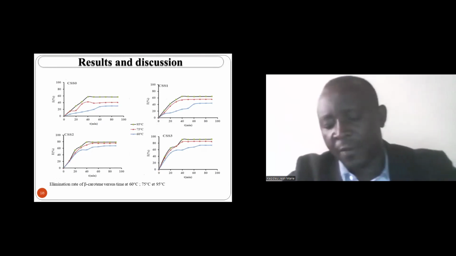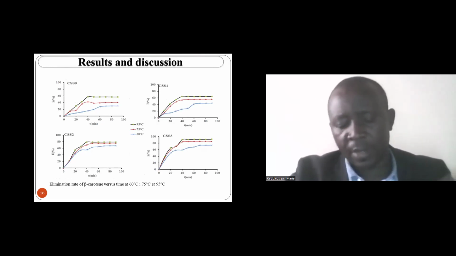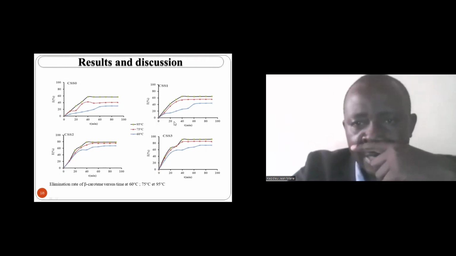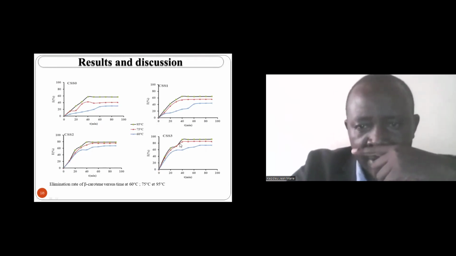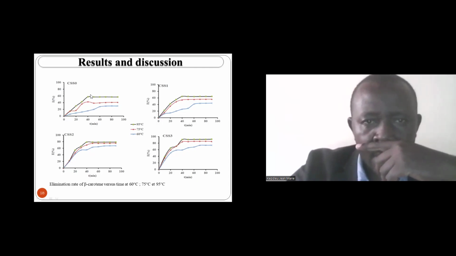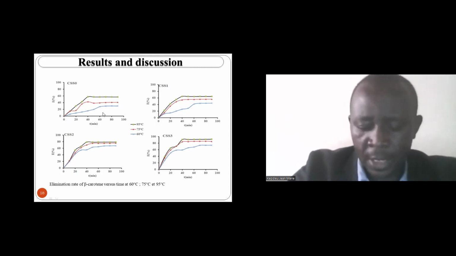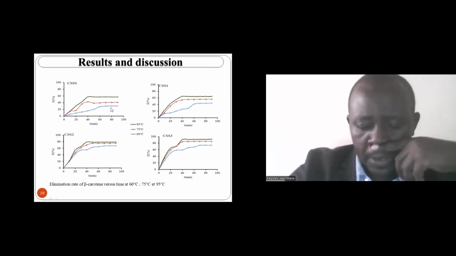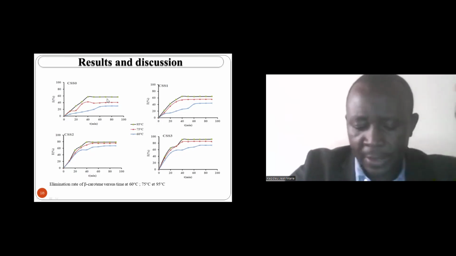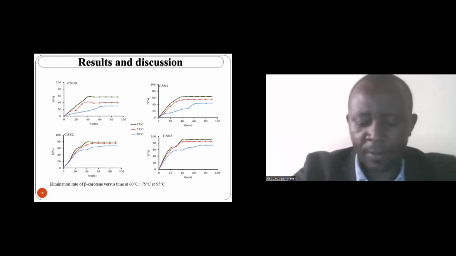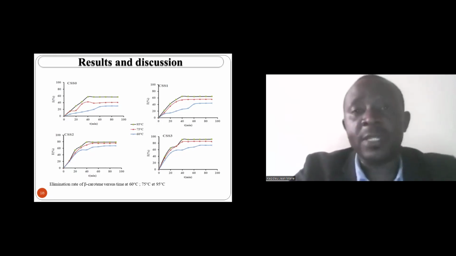It can be noticed that for each type of adsorbent, either CSS1, CSS2, CSS3, or the enriched clay fraction without silica, CSS0, the bleaching capacity increases with the contact time to reach an equilibrium state.